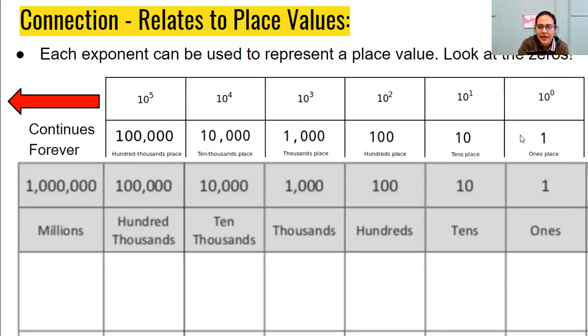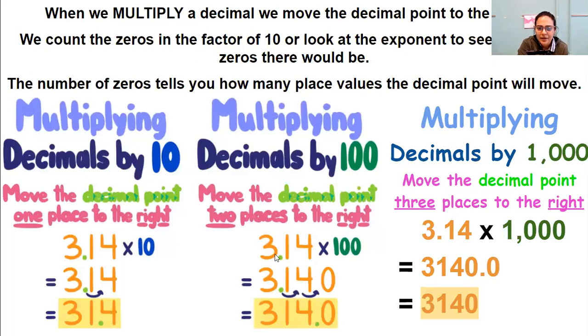When we move to the right, we're going down 10 times each place value, and when we go up, we are multiplying by 10. So it's the same here, right? We're going down in place value, we're dividing by 10. And when we are going to a larger number, then we are going 10 times larger.